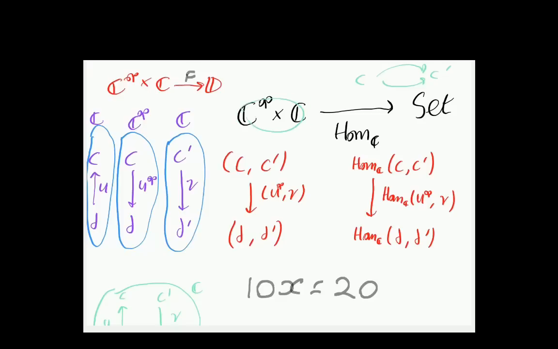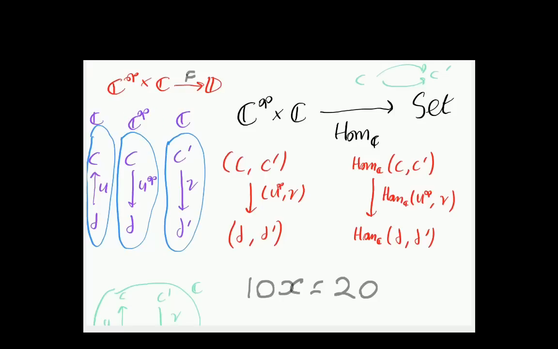An arrow from C, C dash to D, D dash is going to be a pair of an arrow V, and this arrow U op, which is an arrow from C to D in C op, but really where it comes from is this arrow U from D to C in C. And so when I write U op, I just mean the reversal of this arrow U, and that's going to live in the opposite category of C.